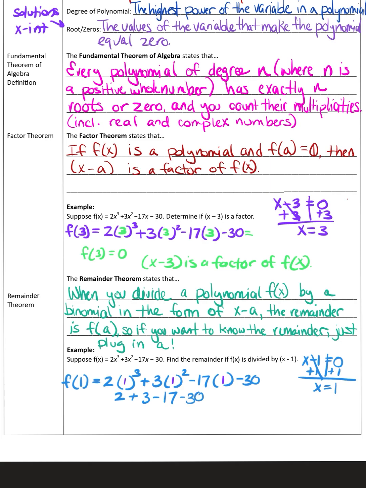And then if I simplify this even further, I would get 5 minus 47, which is equal to negative 42. So what that tells me is if I take f of x and I divide it by x minus 1, then my remainder is going to be negative 42. All right? So just that simple. Okay, so now let's move on.